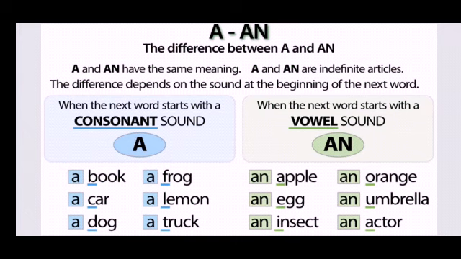See here. A, E, I, O, U. All these are vowel sounds. Started with vowels, so we use an. So you can observe the difference between a and an.